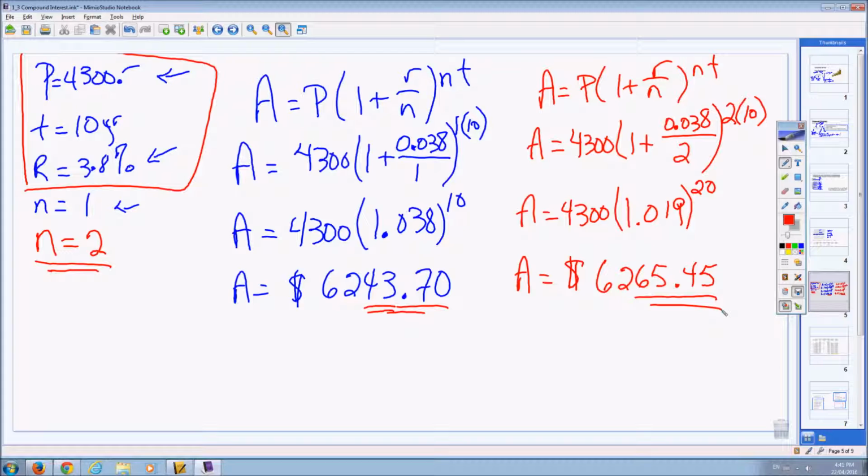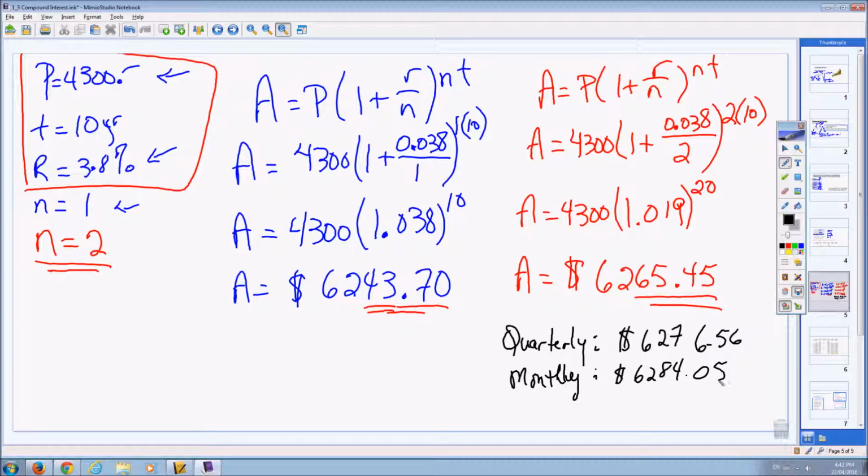To follow through and just to watch it grow, if we were to look at this from the point of view of having done it quarterly, then I'll not go through the process again, but the amount came out to $6,276.56, and monthly she earns $6,284.05.